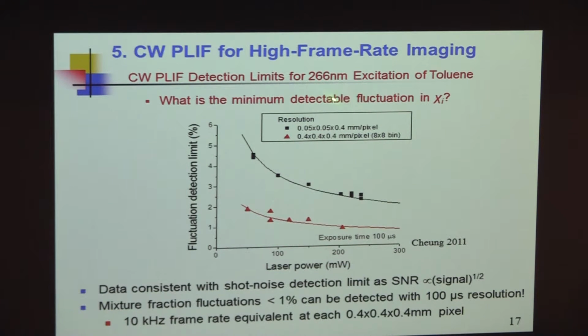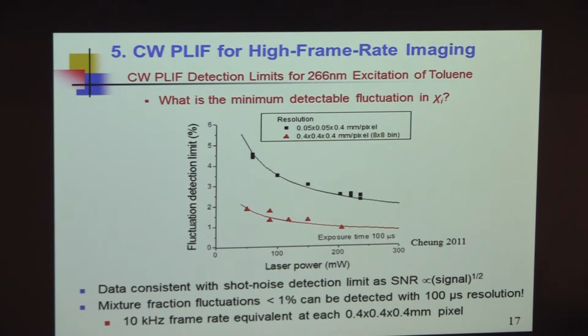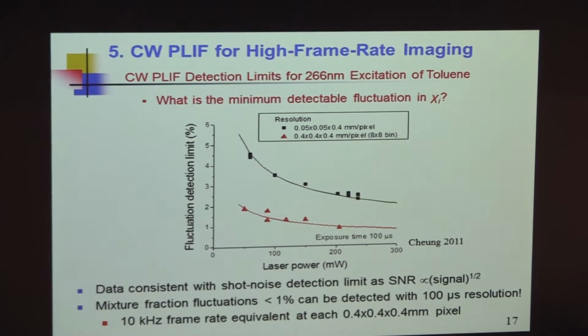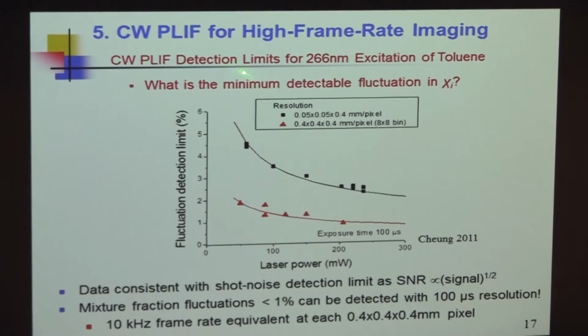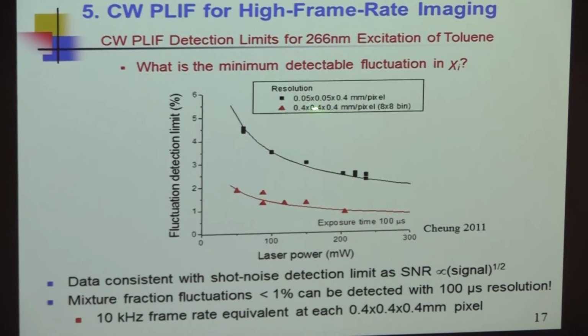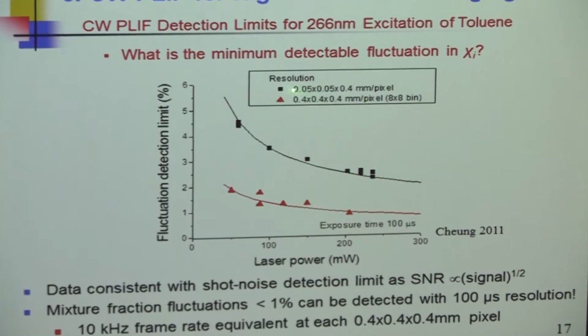What's the minimum detectable fluctuation in mole fraction? So you have a jet, and you're looking at fluctuations in mole fraction of the jet fluid. It depends on how big a region you look at. This is still a small region.